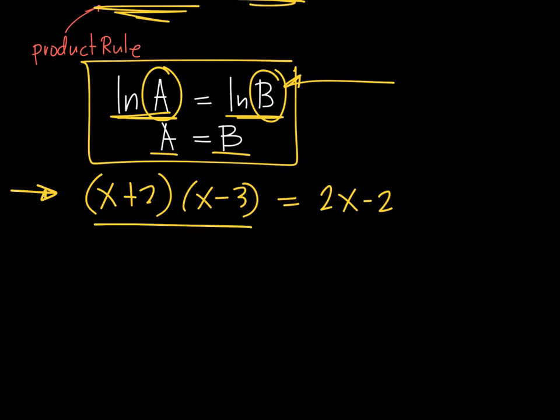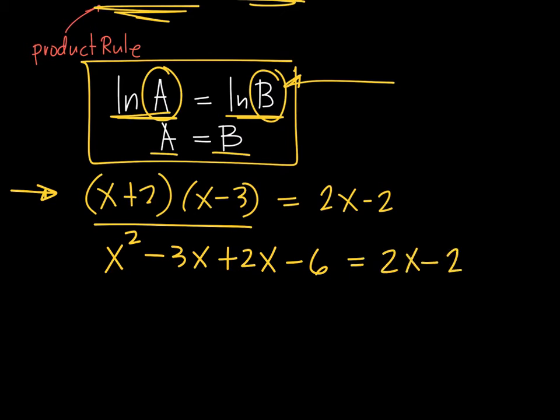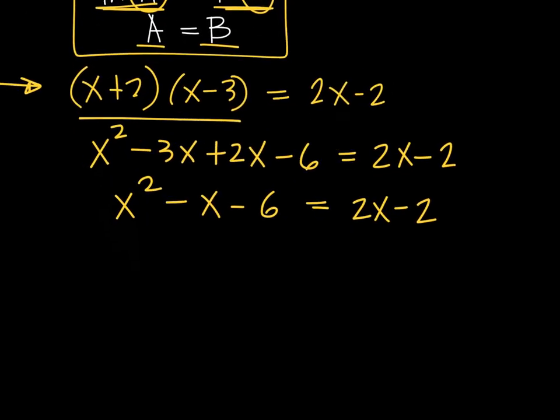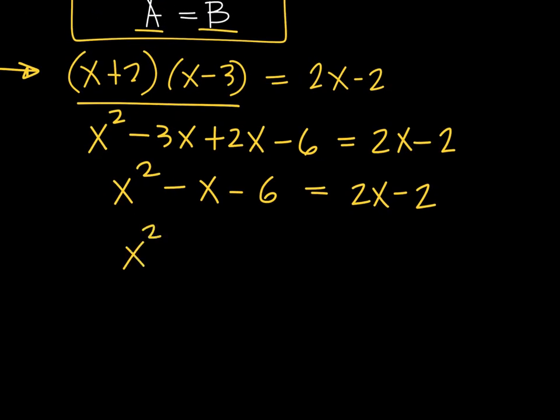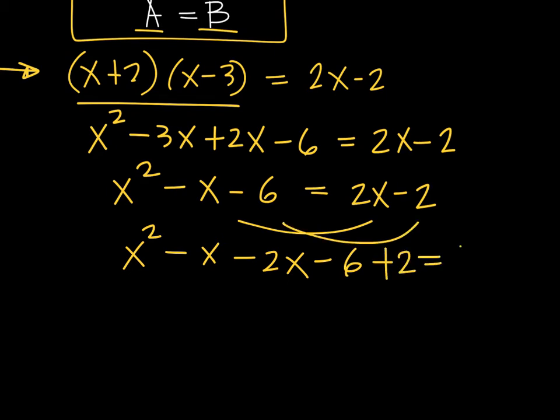To expand, we have x squared minus 3x plus 2x minus 6 is equal to 2x minus 2. X squared minus x minus 6 is equal to 2x minus 2. Then keep on solving. X squared minus x, this 2x will become minus 2x, minus 6, and the minus 2 will become plus 2, equal to 0.